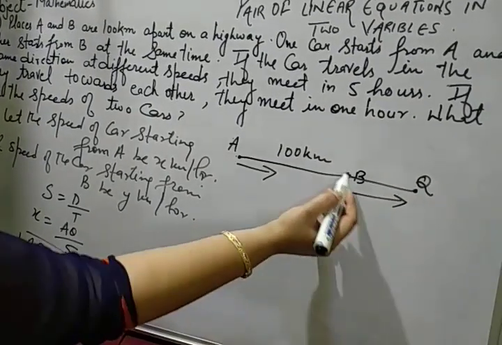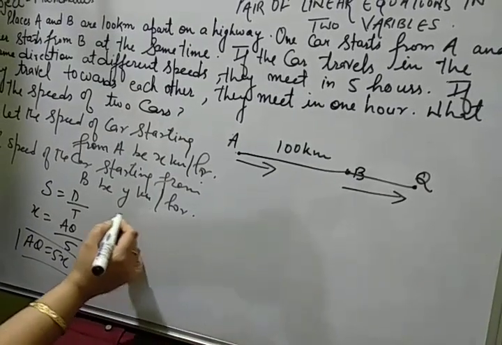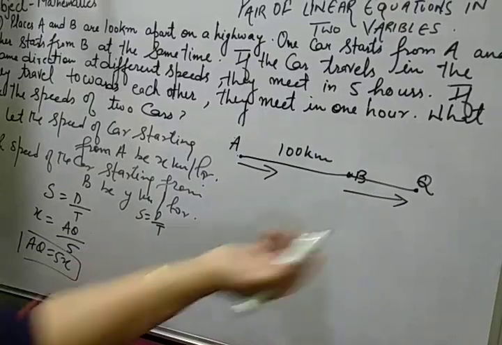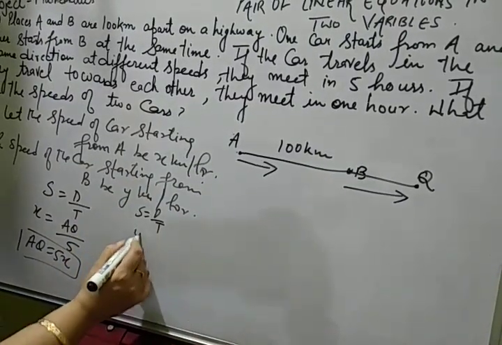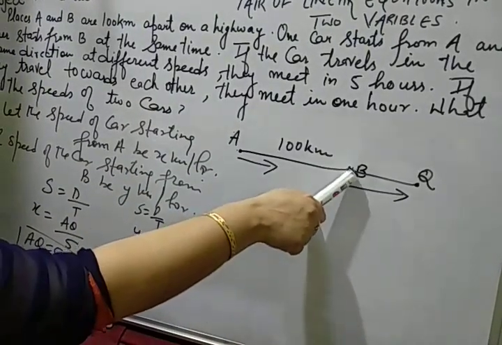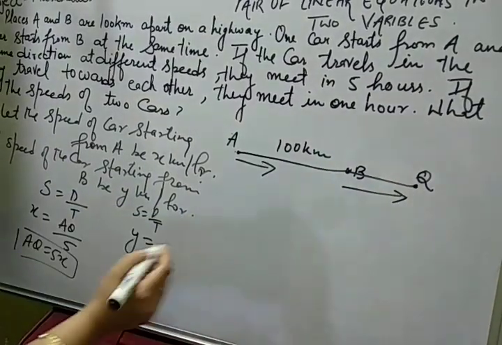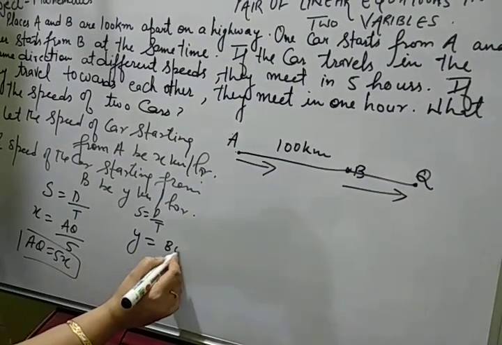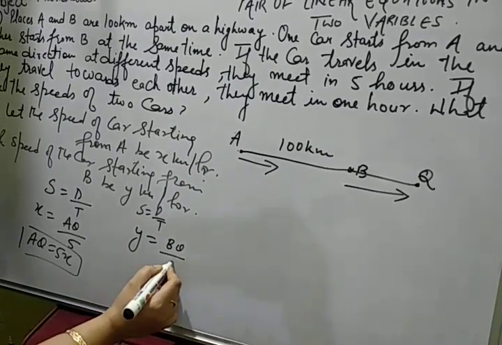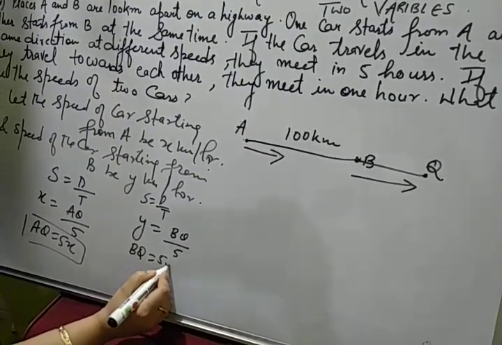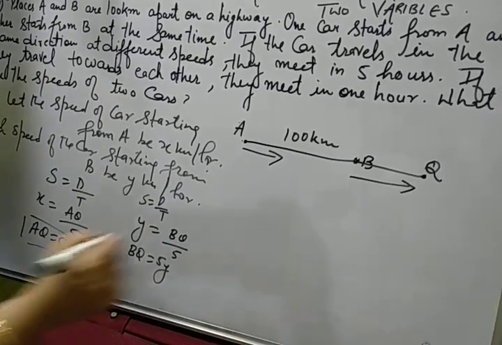Now distance covered by B: again speed is distance upon time, speed of B is y, distance covered by B is BQ because they meet after 5 hours at point Q, and time is again 5. It means BQ is equal to 5y.